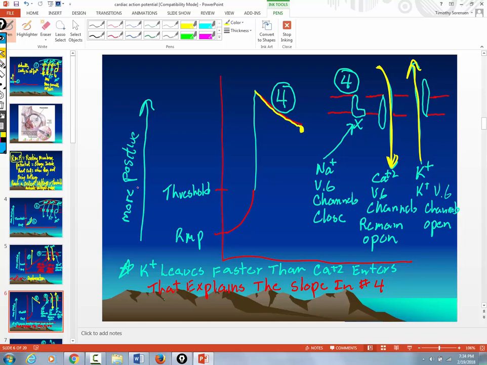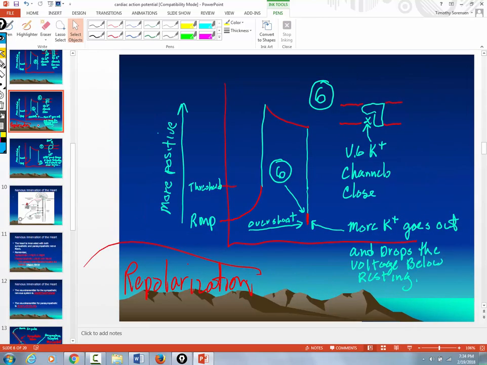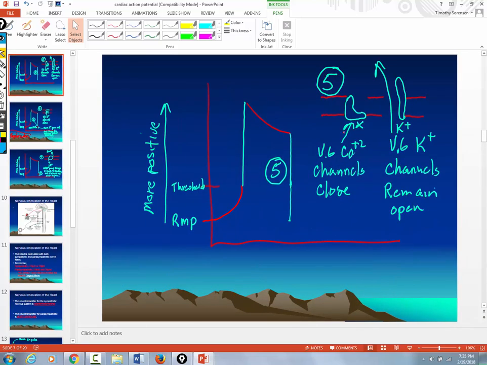Then you're going to hit another critical voltage. Lots of critical voltages. And at that critical voltage, the voltage-gated calcium channels close, but the voltage-gated potassium channel remains open. So potassium begins to flood out.